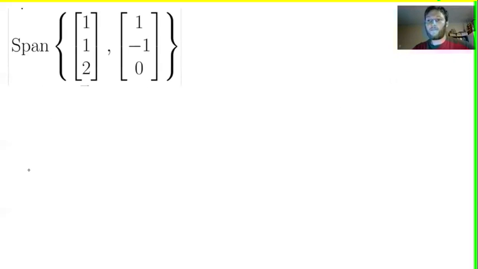Here's an example of span, and it'll also be an example of linear independence. So we want to calculate the span of these two vectors, (1, 1, 2) and (1, -1, 0). And these are two vectors in R3. So that's three-dimensional Euclidean space. It's a three-dimensional vector space over the real numbers. The span is the maximal set that can be reached by linear combinations of these two vectors.